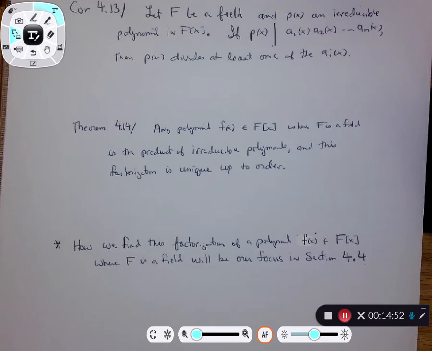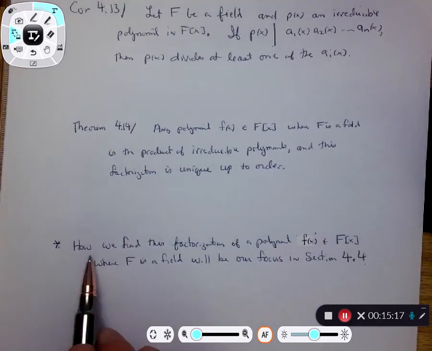So for all my teachers out there taking this course, some of that stuff that we teach our high school kids in the 10th, 11th, 12th grade, the remainder theorem and the factor theorem and the like, they're going to come back and haunt us. And we're going to have to rewrite them in the sense of polynomial rings, but it's the same exact things we actually teach our students in high school.